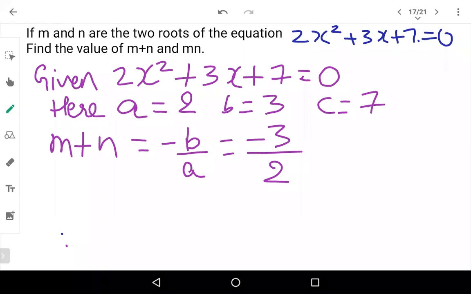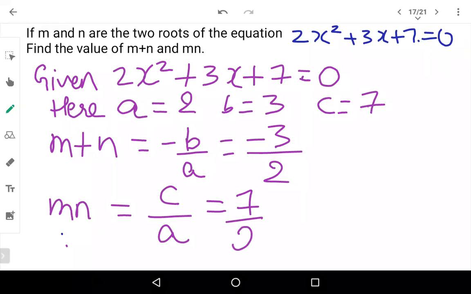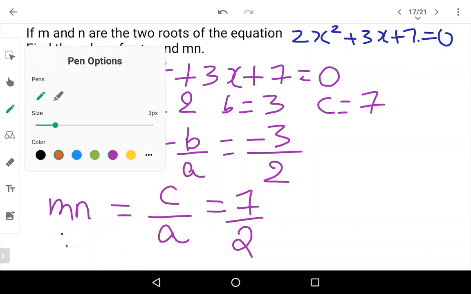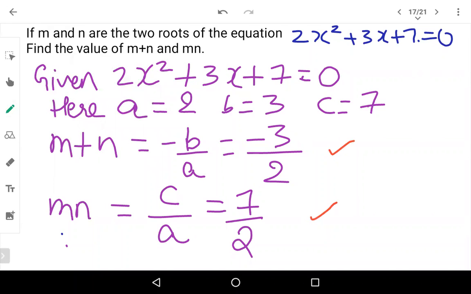And then m into n, the product. C by a is the formula. So what is c? C is 7, a is 2. So therefore, we know the value of m plus n and m into n. That's all.